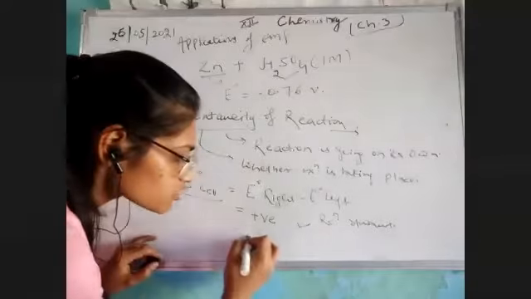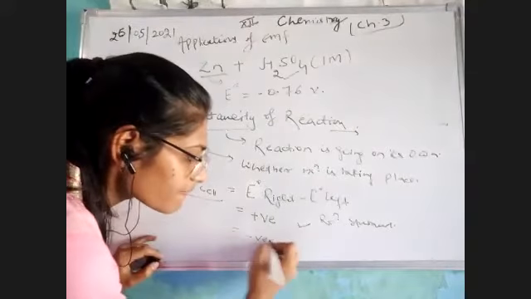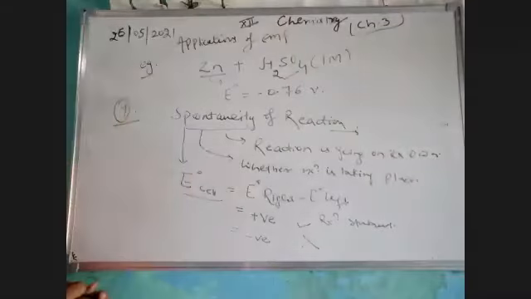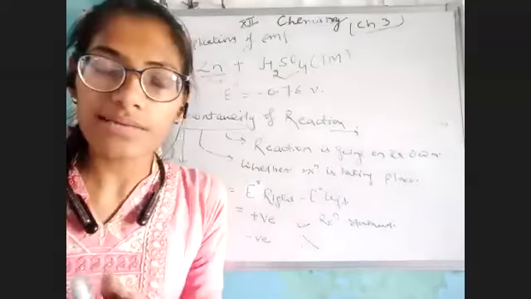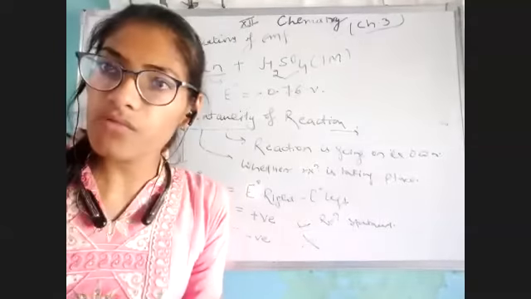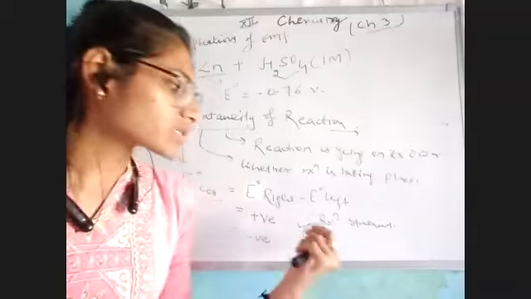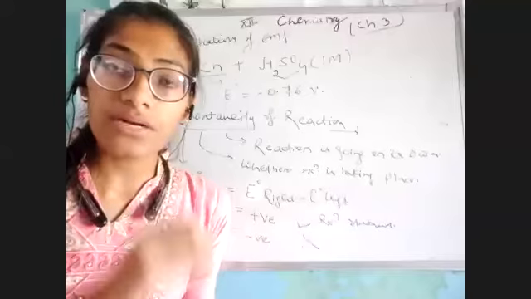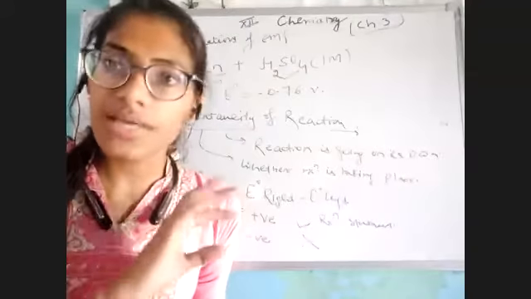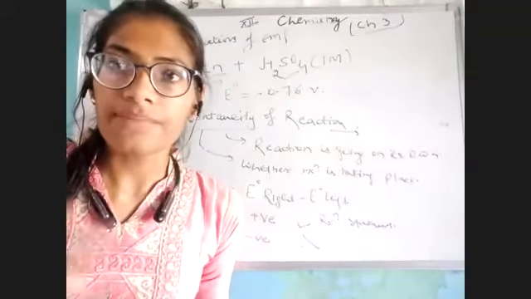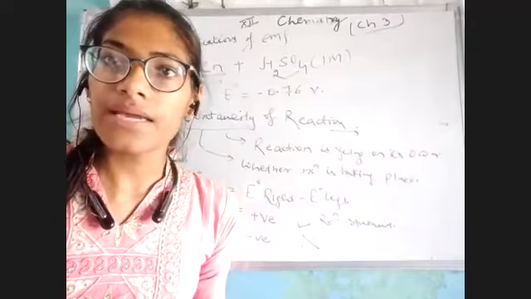And if it comes out negative, that means the reaction is not spontaneous. We just have to calculate the E naught cell. We know the formula of E naught cell, we just need to calculate the value. If it is positive, our reaction is taking place on its own. If it is negative, the reaction cannot proceed. So this was something I wanted to explain.